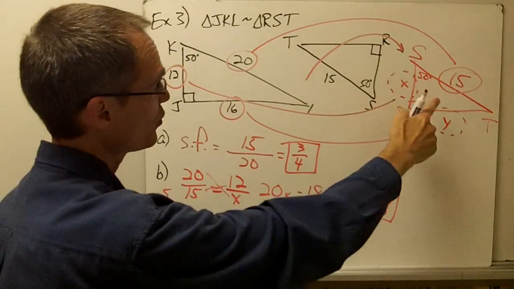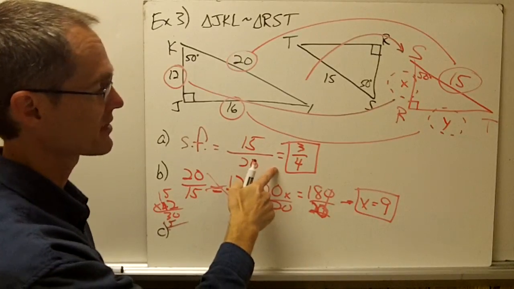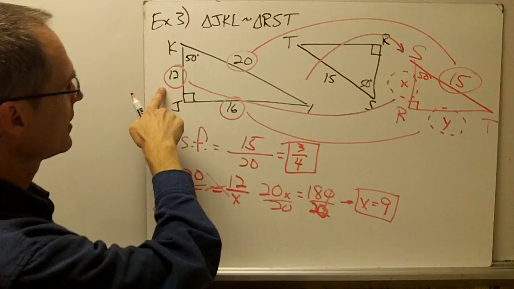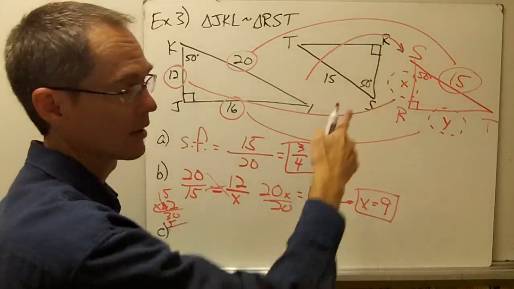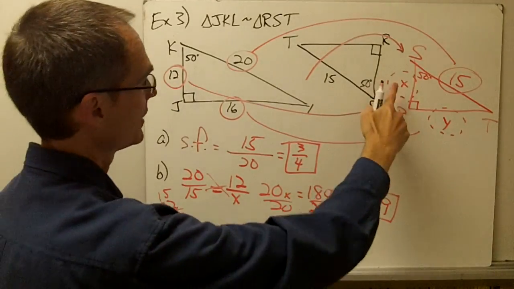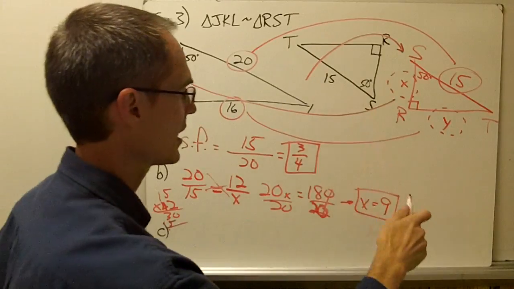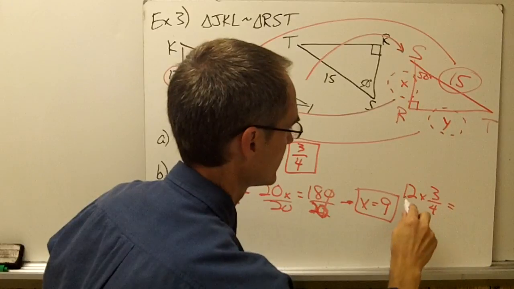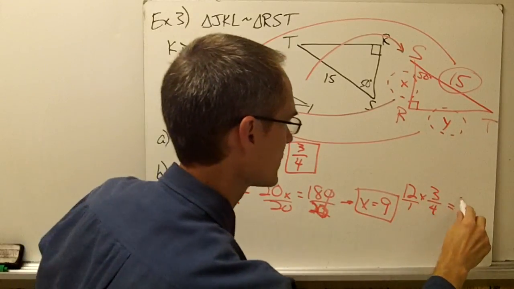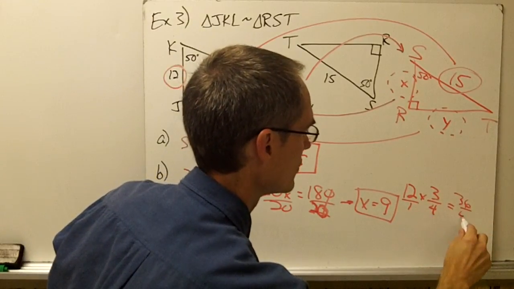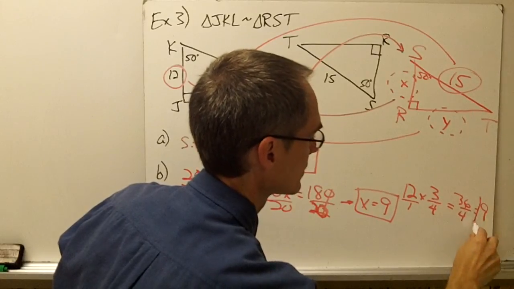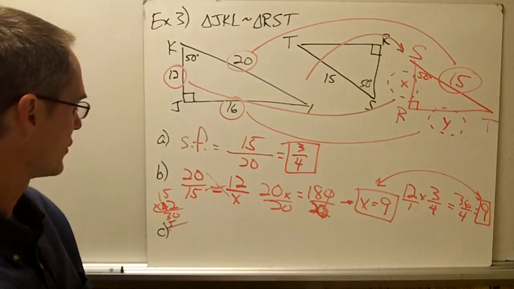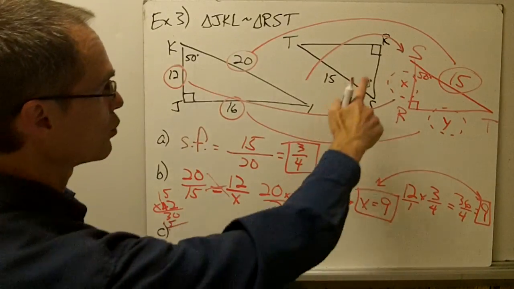Or, since I already found my scale factor is 3/4, I could just take this side, multiply it times my scale factor, and find the length of this side. 12 times 3/4, that's 12 over 1 times 3/4, which is 36 over 4, which is 9. So I could find those values either way. So there's one side.